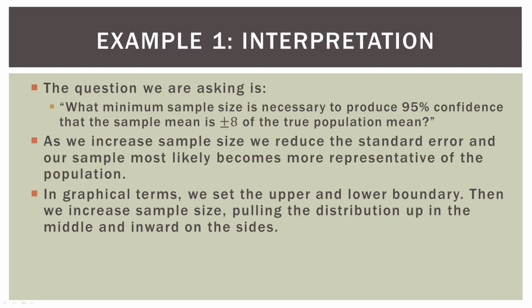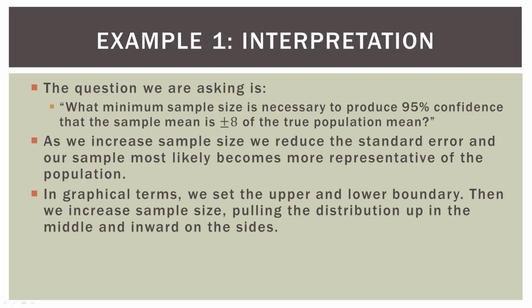Now, in graphical terms, here's what I want you to think about. I wish I could do complex animations in these videos, but at least right now I cannot. So I want you to picture in your mind what's happening here. We use the margin of error to set up a lower and upper boundary. Then we increase the sample size incrementally. As we increase the sample size, think of the bell curve. As we increase sample size, we are reducing the error.